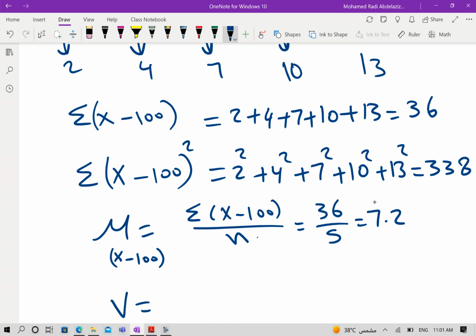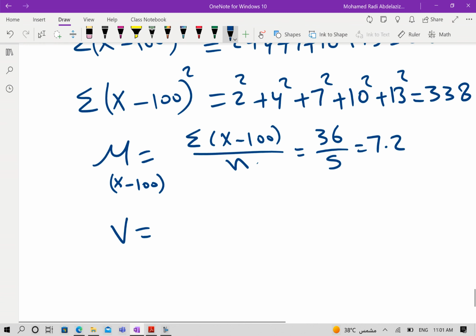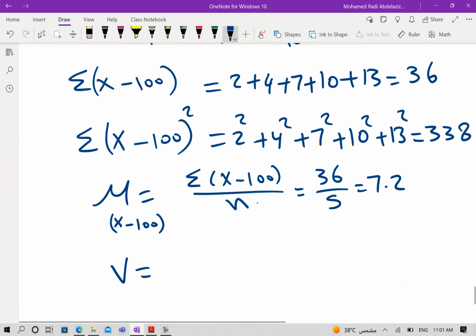But to get mu of original, you have to add what? 100. This point is clear? By comparing between variance after coding or before, before coded, the answer of variance is what? 15.76. Let's now start to find the variance after coding.